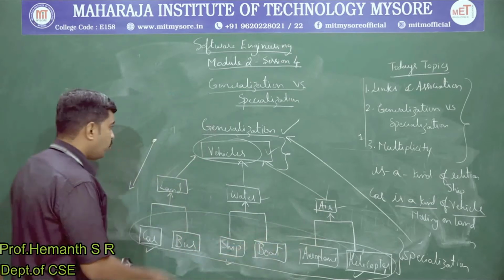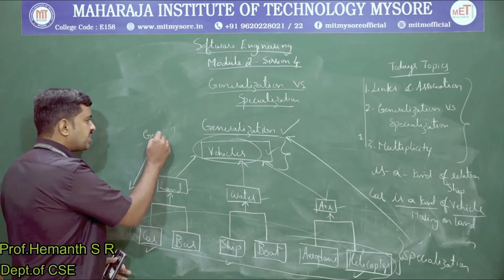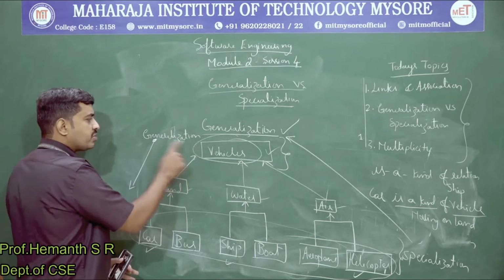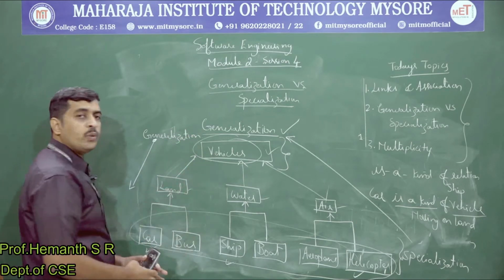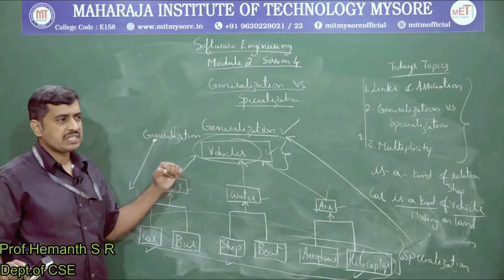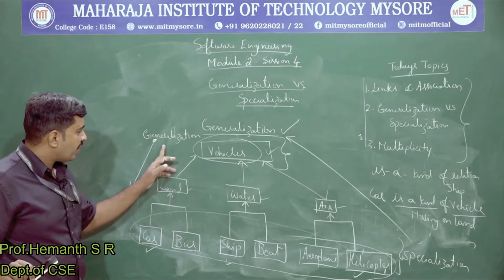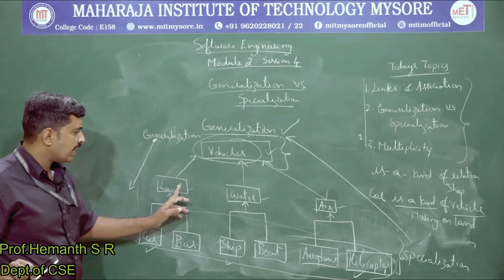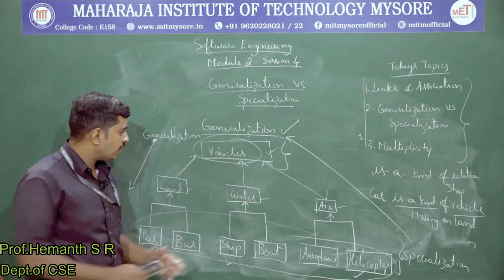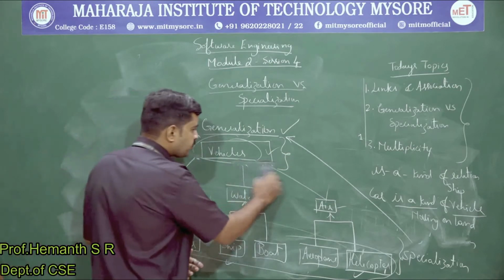So I started with a generalization, that is vehicles. I'm moving to the next level in the hierarchy and I'm going into specialization. I have categorized and classified vehicles which move on land, in water, and in air.